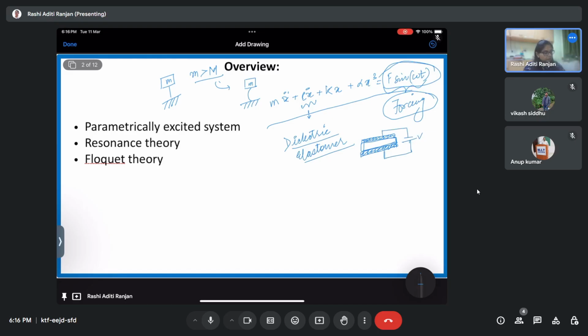So this is a dielectric elastomer, and these two are electrodes. What is going to happen? This dielectric elastomer is going to change its size. Since the voltage is applied in the thickness direction, the thickness is going to reduce.